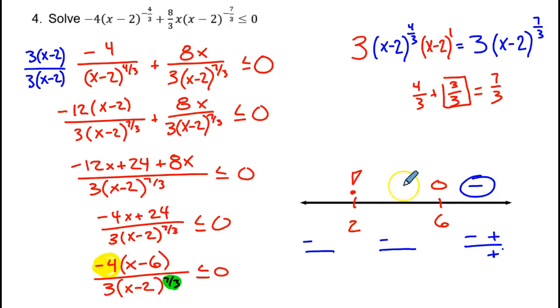As I cross over in between 2 and 6, the factor of x minus 6 will turn negative, and it will actually stay negative along the rest of the number line. In this interval, though, the x minus 2 is still positive. Well, I have two negatives and one positive. The result is positive.